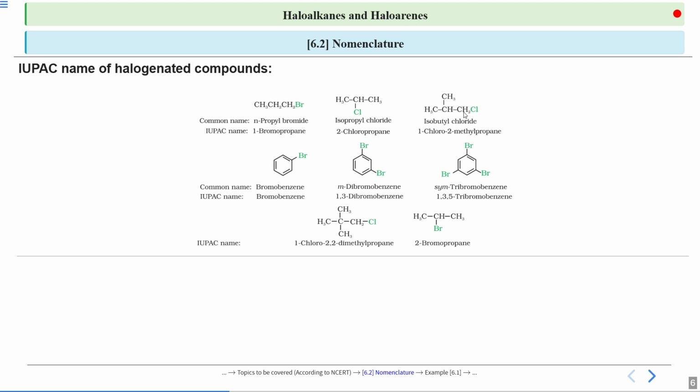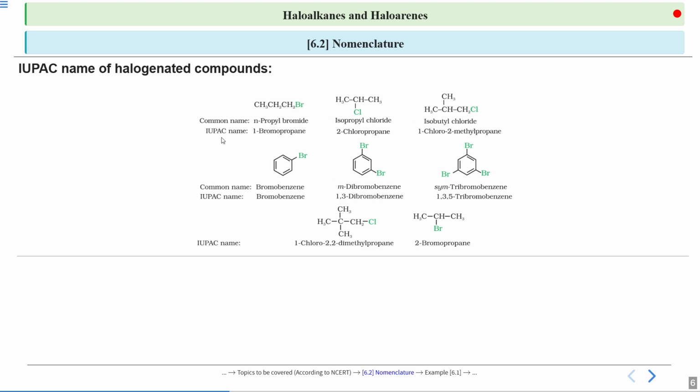If you consider the rule that you have to number the longest possible chain in such a way that the halogen-substituted carbon gets the lowest possible number, then 1 should be here, right? So 1, 2, 3. At the second position, we have a methyl group as a substituent. So that's why we are writing isobutyl chloride. With chloride, we are not writing any number. So this is isobutyl chloride.